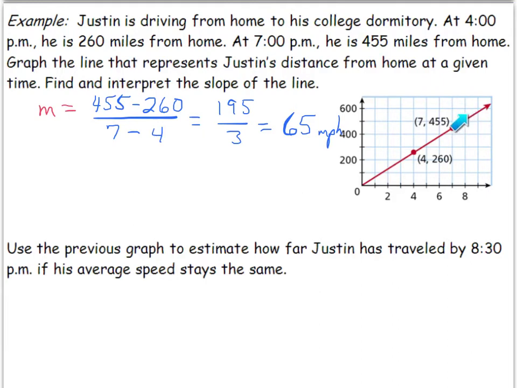If I travel over a little bit, it looks to be around 550, 560, if we would say that. That's telling us that he would be 560 miles away from home at 8:30.